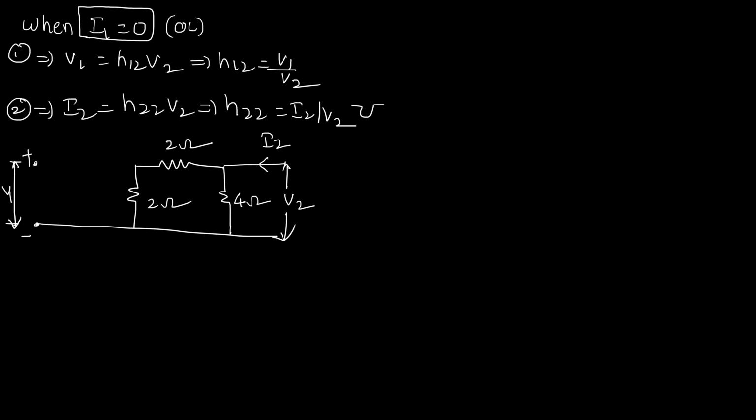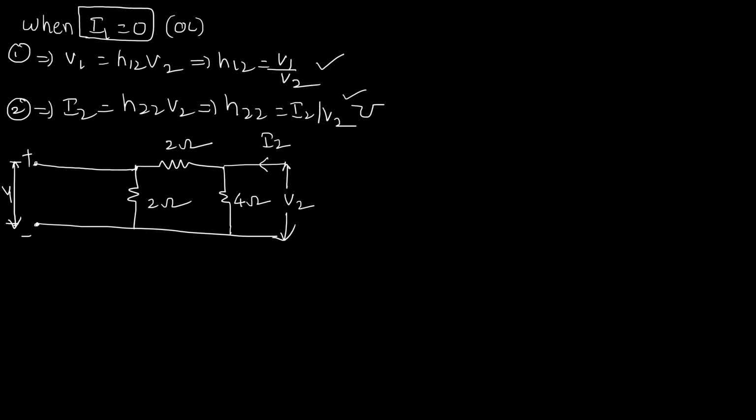You can directly have the tapping at the 2 ohm resistor. Now look at the parameters H12 and H22. These are expressed in terms of V1, V2 and I2. Since V2 is the supply voltage, no need to do any calculations. So we need to do the calculations for I2 and V1.